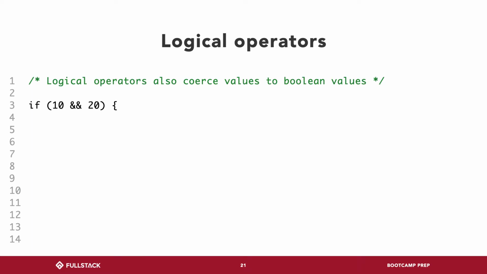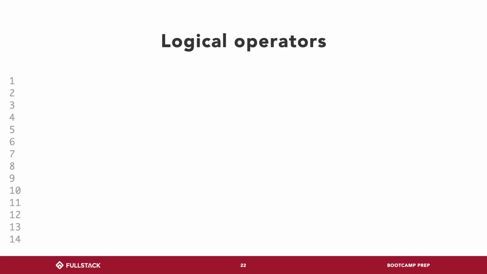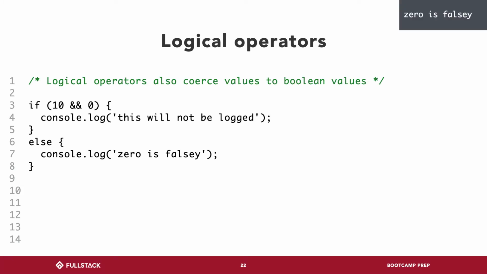Logical operators also coerce values to Boolean values. If 10 and 10 and 20, console.log, both 10 and 20 are truthy values. Hey, that's what we get, right? If you put the and in the if statement, both things on either side have to be truthy. If there are like 7 ands in a row, everything has to be a truthy value to get into that if statement.